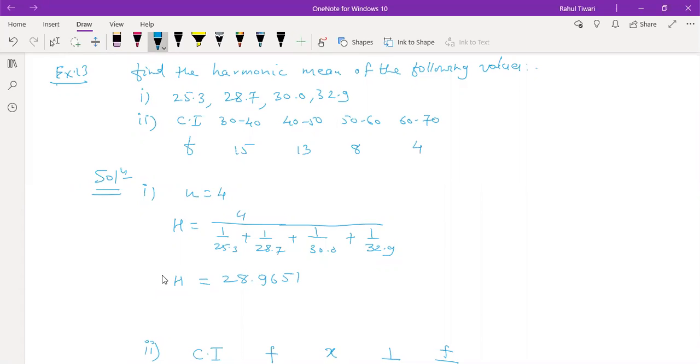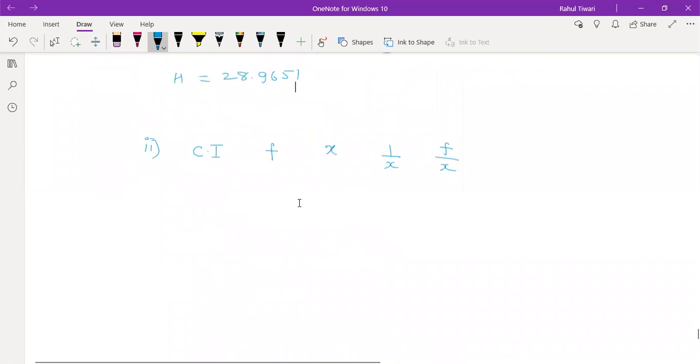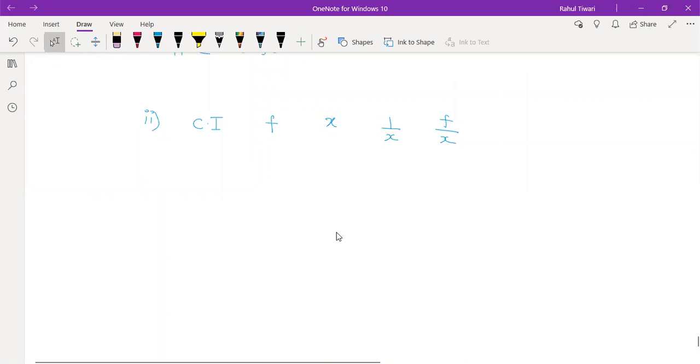Go to the next example. So you may create this table.